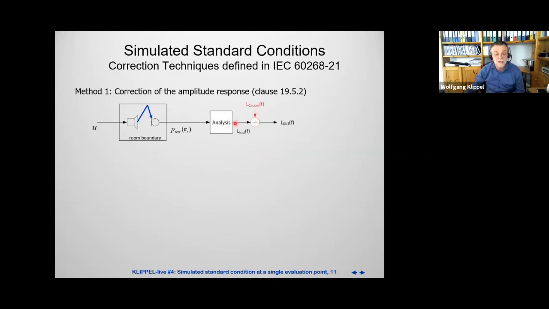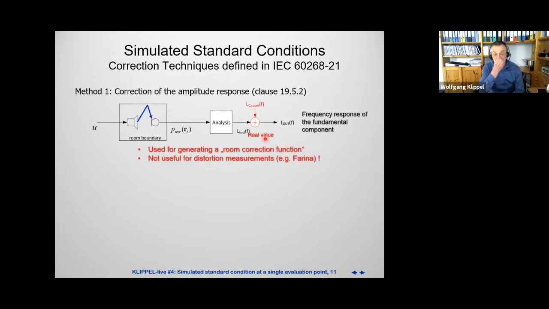Here you see the correction is just added to the level of the sound pressure level, SPL, after the analysis. So that's one way, and that's always real values, dB values, relatively simple, no? Used for generating a room correction function.